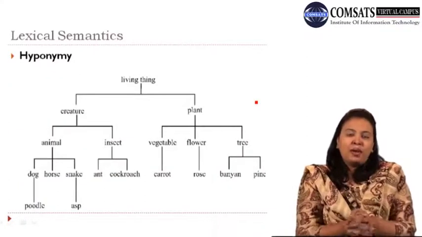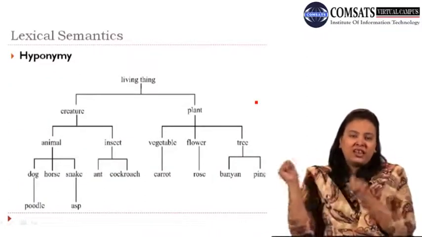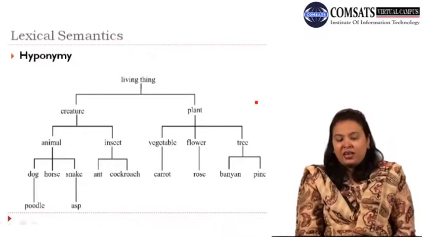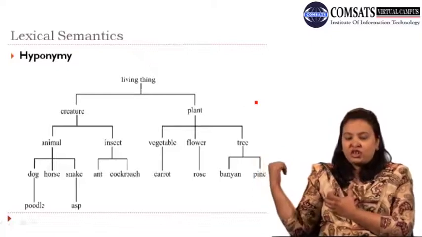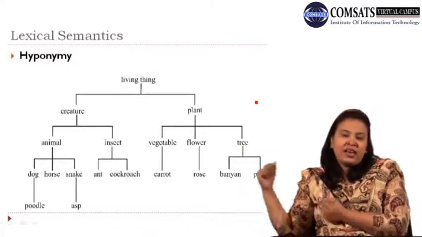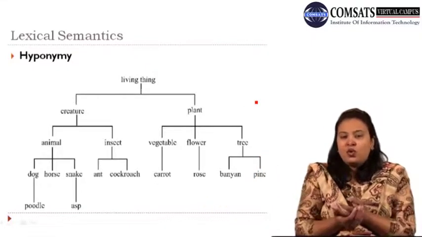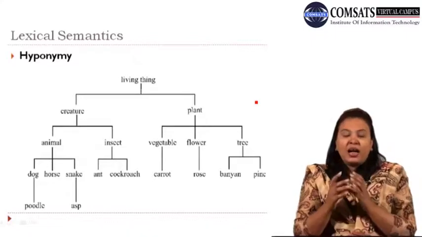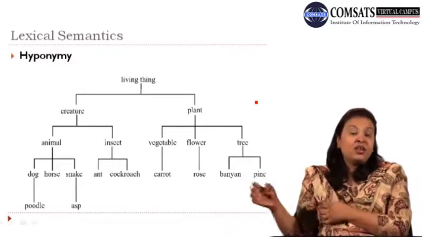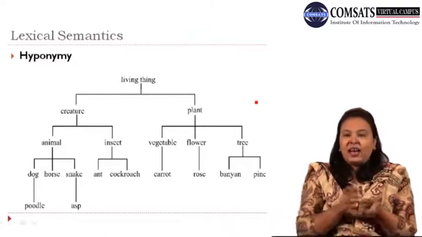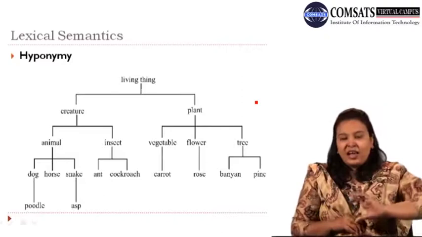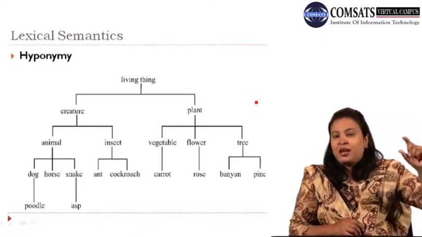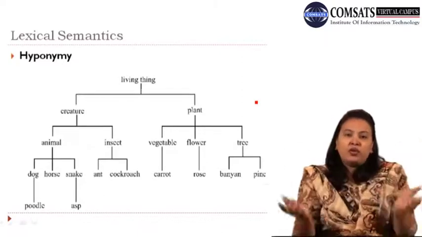Now to show hyponymy in a clearer relationship, look at this chart. Living thing, we can divide living thing. For example, we have creatures and we can have plants. In creatures we can have animals, we can have insects. These are a few classes I'm mentioning. There can be more than that. Then in animals we can have dog as one class, because yes, dogs belong to the class of animals, but inside dogs we can have a variety of dogs.